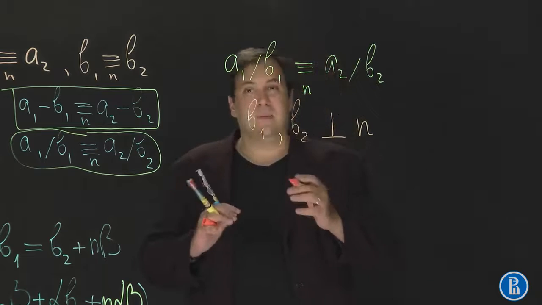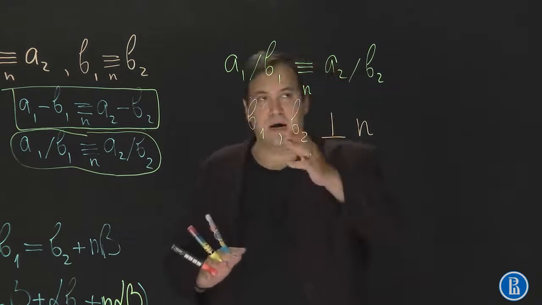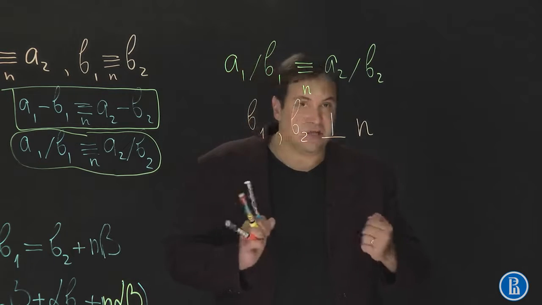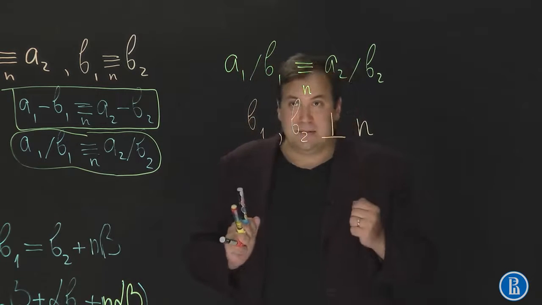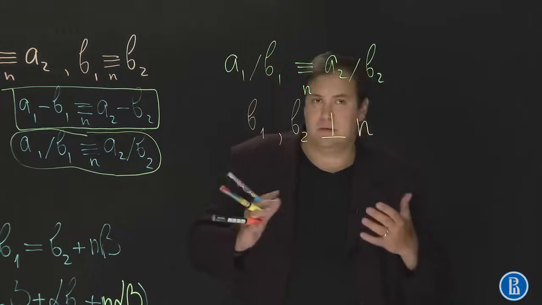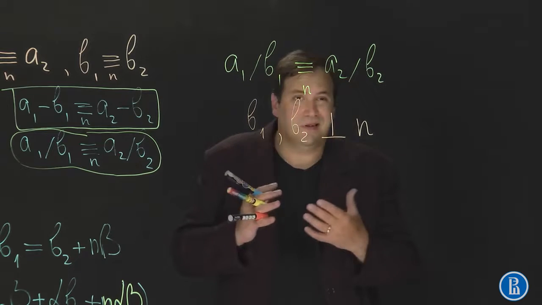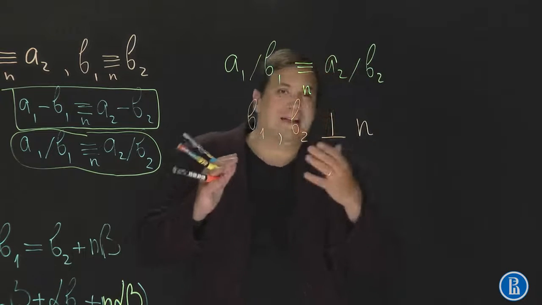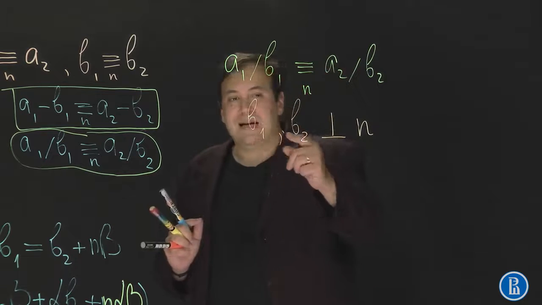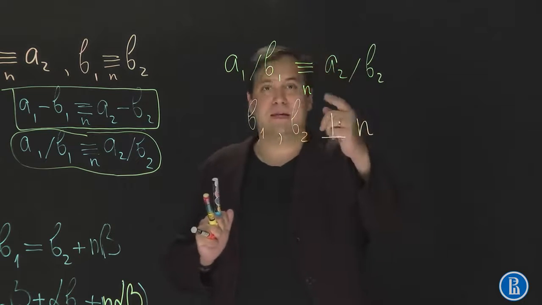Of course, a1 and a2 should be divisible by b1 and b2 respectively. Of course, these two expressions should be integers. But a1 and a2 needn't be mutually prime with n. It actually doesn't matter what the common divisors of a1 and n, a2 and n are. But if b1 and b2 are co-prime with n, then this holds.